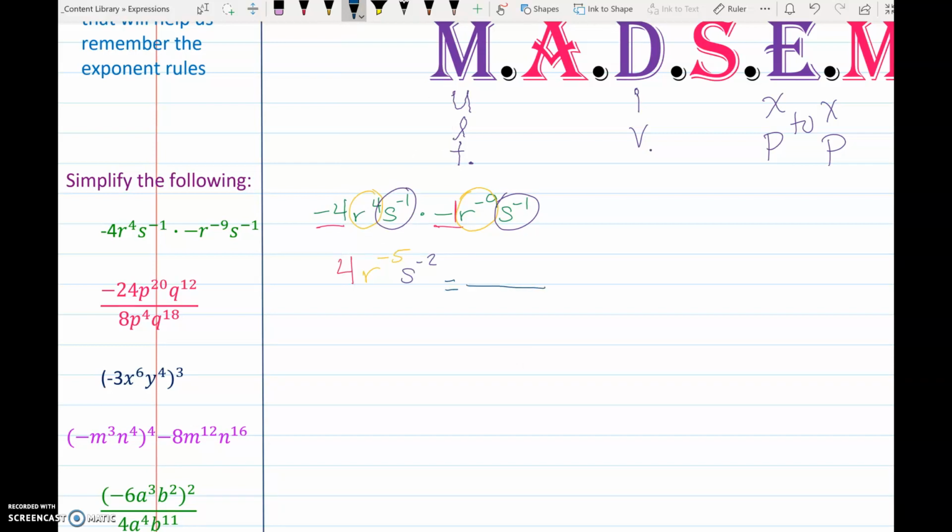Now, my 4 is perfectly fine, so I'm going to keep the 4. R is not fine. R has a negative exponent, so we're going to take the reciprocal and it's going to move to the denominator. Same thing with our s. Negative exponent, so it is going to move to the denominator. Now that everything's positive, we are nice and simplified.